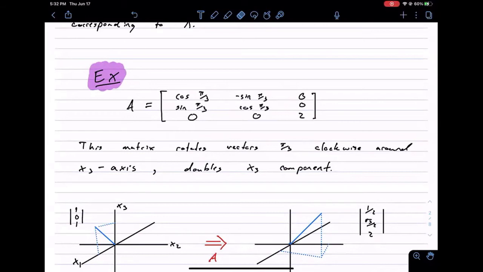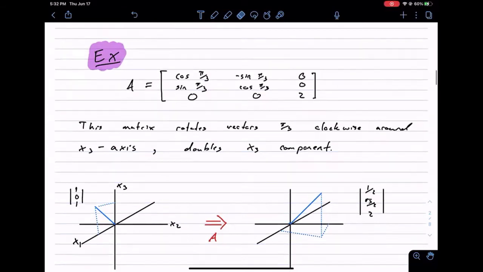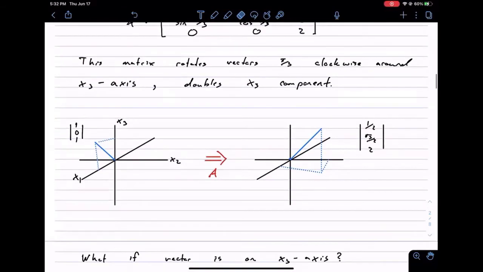This is just the transformation that rotates our vectors pi over 3 radians counterclockwise around the z-axis. I'm in 3 dimensions, so this vertical axis is my axis of rotation, and stuff is going to get rotated around that axis by pi over 3.